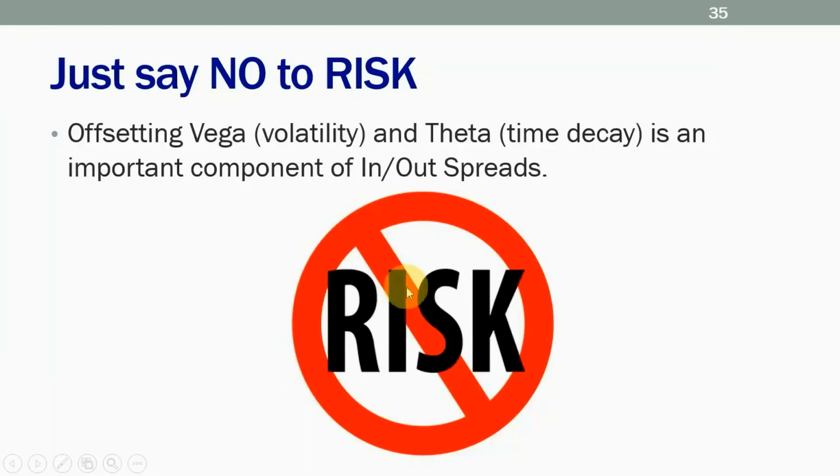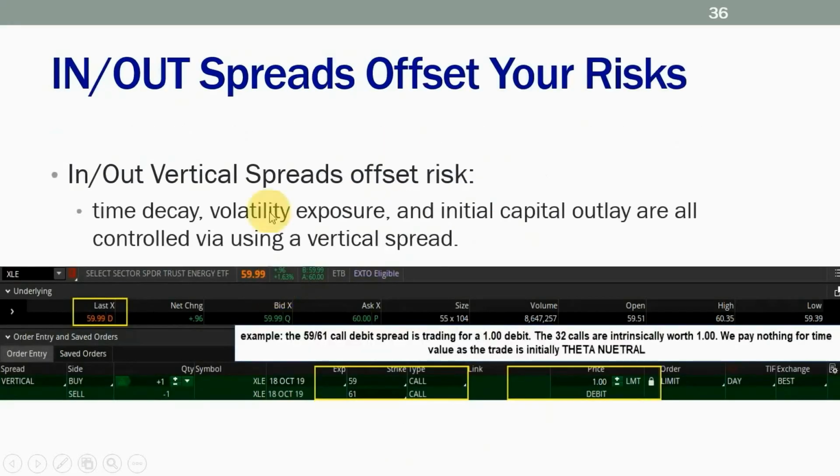Next. Just say no to risk. Offsetting vega and theta is an important component of in-out spreads. You're like, okay, where's he going with this? Well, in-out vertical spreads offset risk. Time decay, volatility exposure, and initial capital outlay are all controlled by using this particular vertical spread.